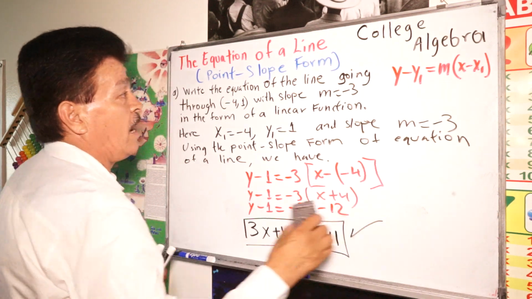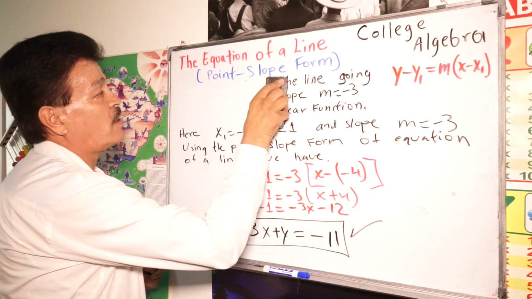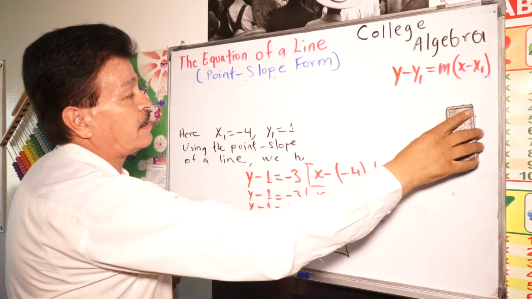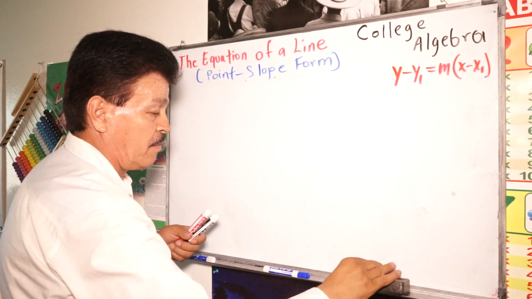Let me write another problem for you using this point-slope form, but with different information.